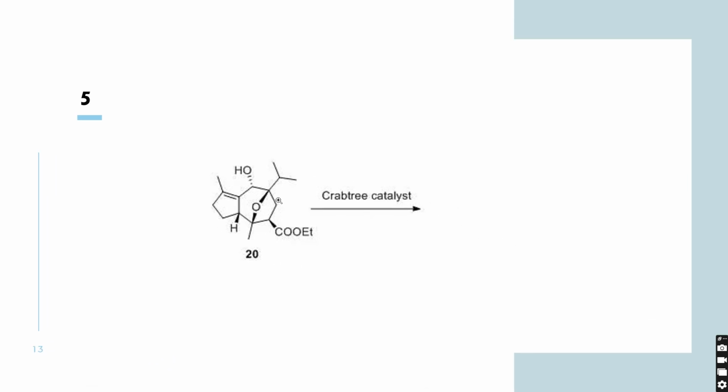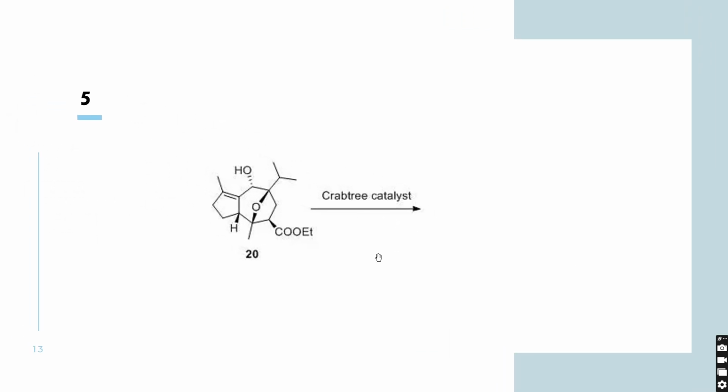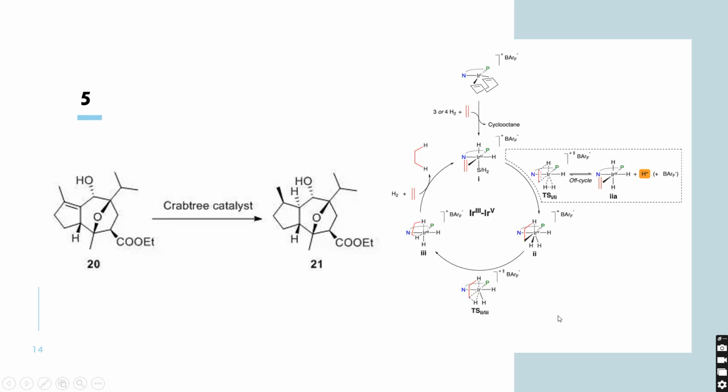Of course, you are going to reduce this double bond, but while writing the structure of the product, you have to specify that this methyl group will be syn to the alcohol or anti to the alcohol. So the reactivity will be similar to the last question that we have solved.